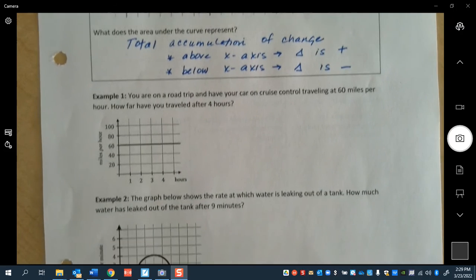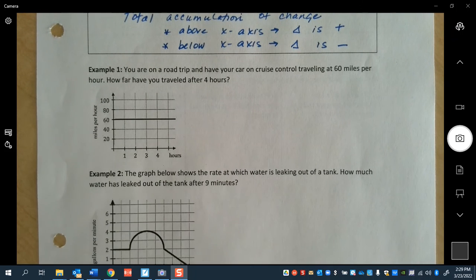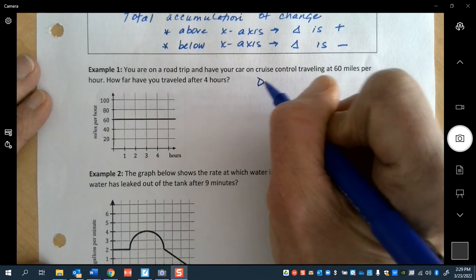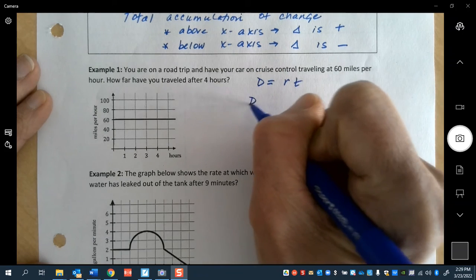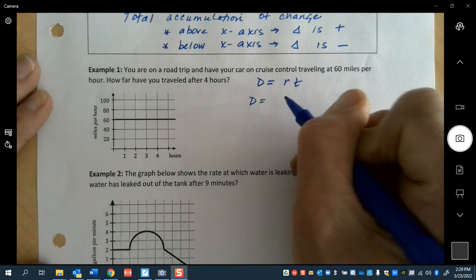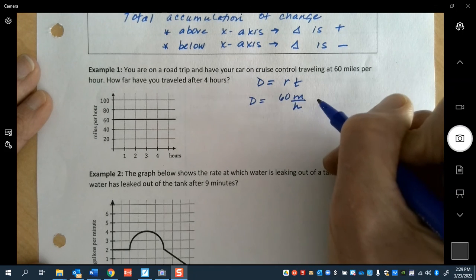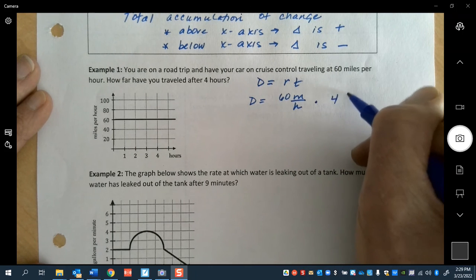All right, example 1. You are on a road trip. You have your car on cruise control. You're traveling at 60 miles per hour. How far have you traveled in 4 hours? If I know that distance is equal to rate times time, I know that my distance is equal to 60 miles per hour times 4 hours.